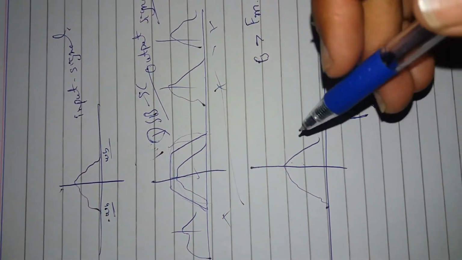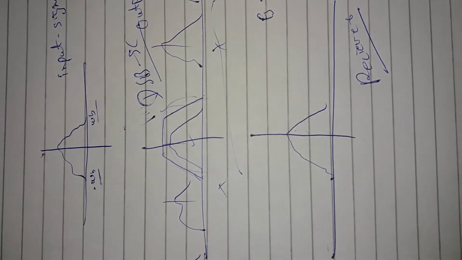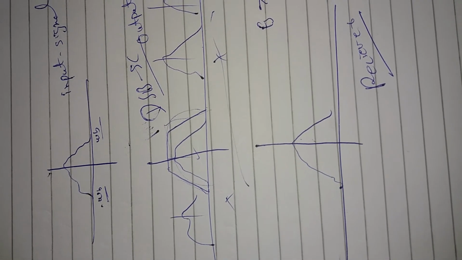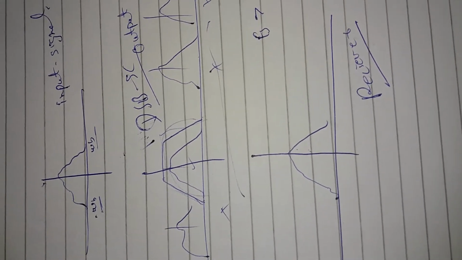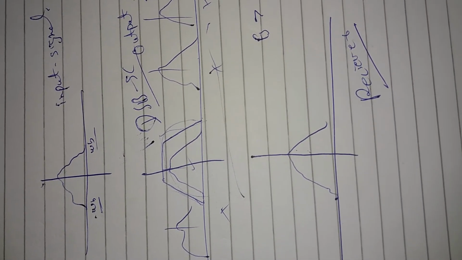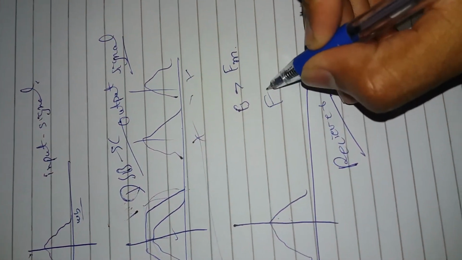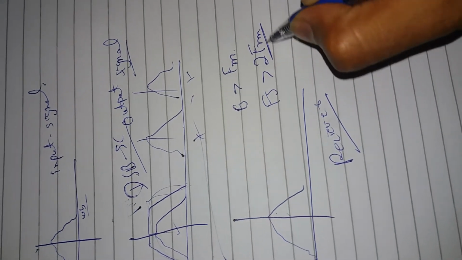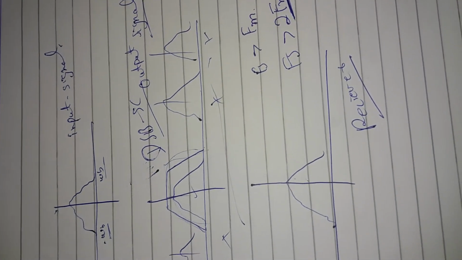But when we modulate a signal, its amplitude is reduced, so if we want to get the original signal, we want our sampling frequency to be greater than 2 times the maximum frequency of the original signal.